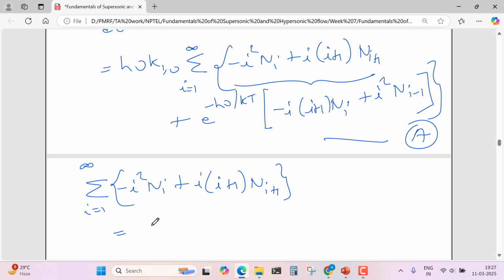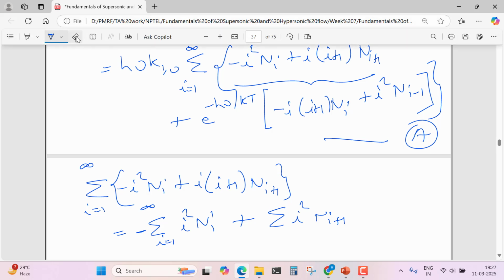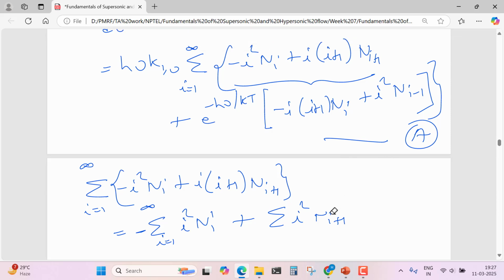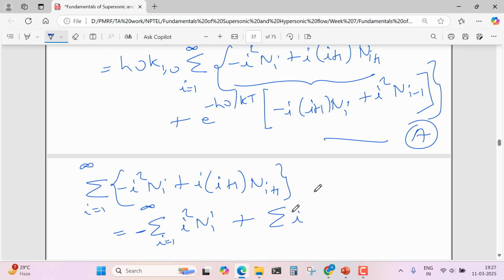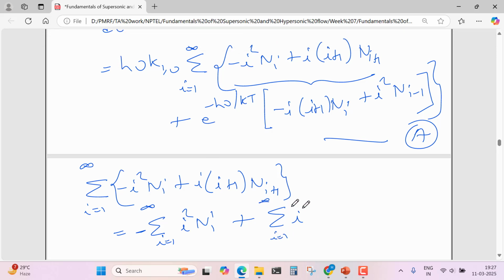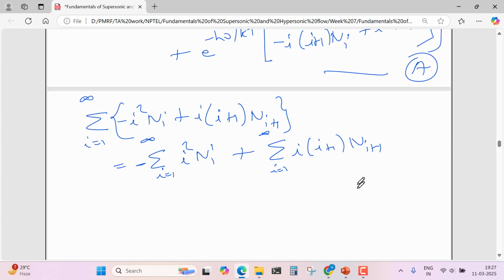If we separate all these parts, then we get sigma i equal to 1 to infinity minus i square n_i plus sigma i equal to 1 to infinity (i plus 1) n_{i+1}.